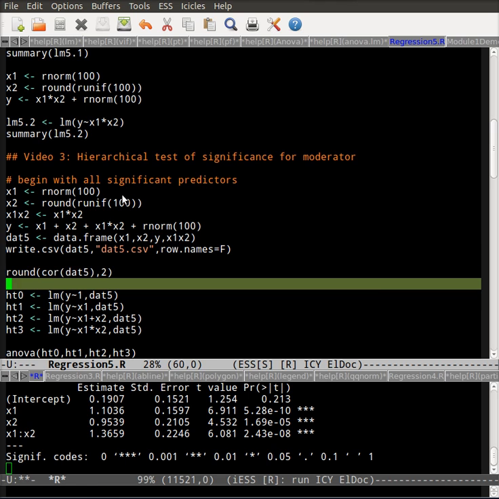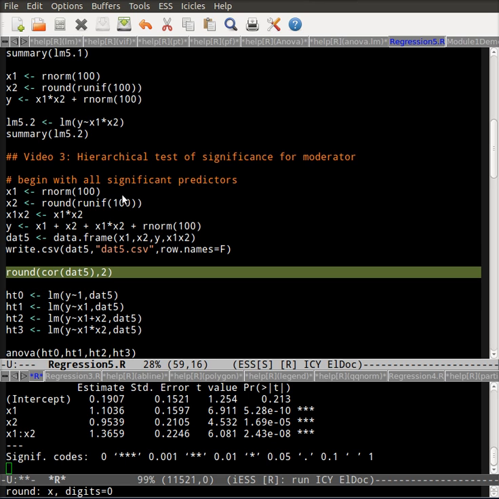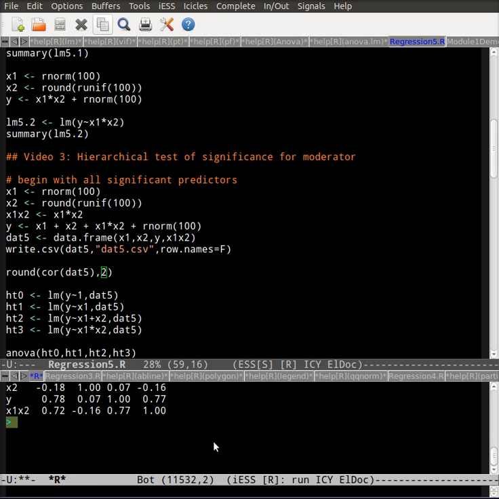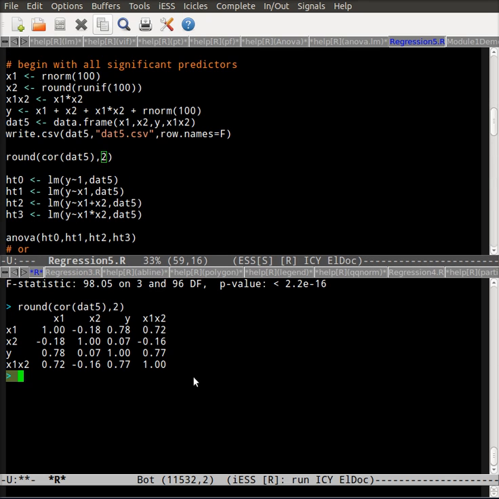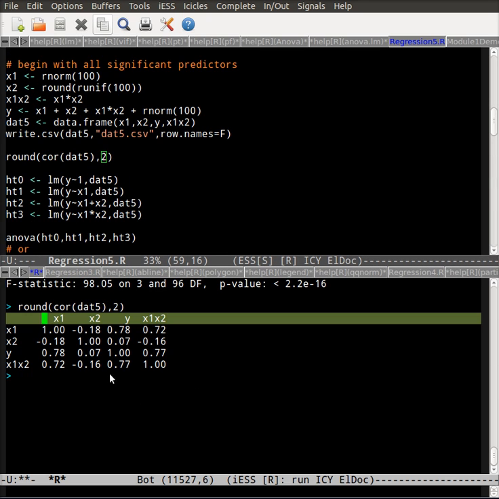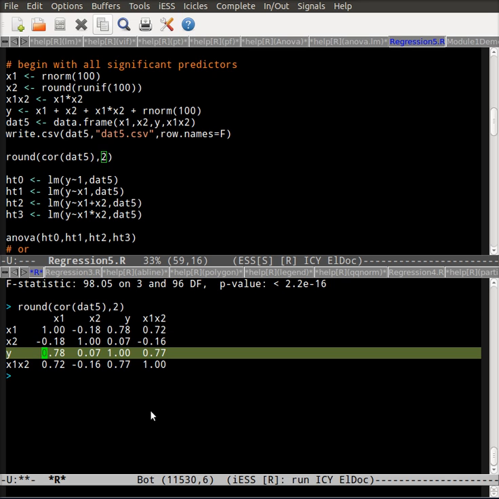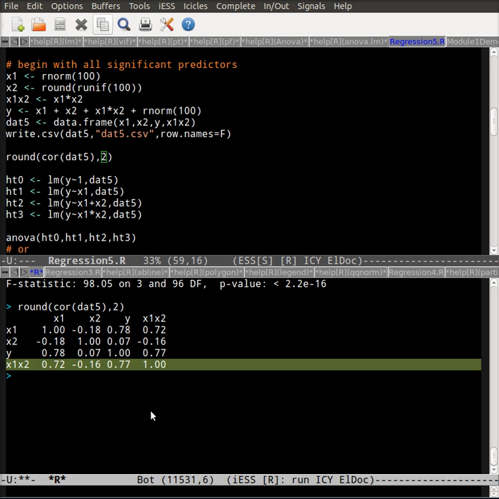Just so that you can see what the correlation matrix looks like among my predictors, let me split this a little bit differently. That way we can see the whole matrix. I rounded it to 2 digits, and as you can see here, we have a pretty strong correlation between x1 and y, and a pretty strong correlation between x1 and my interaction, 0.78 and 0.72.